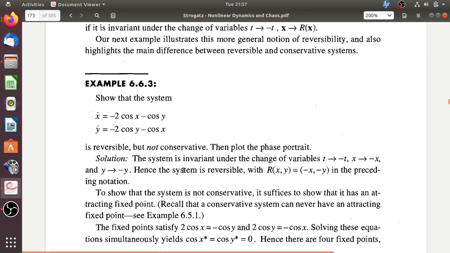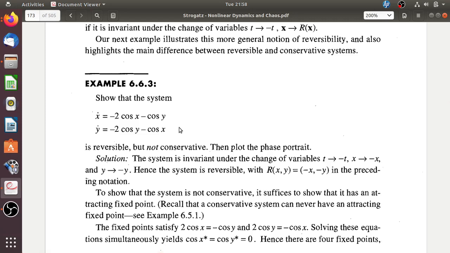We are going to show that by claiming that the system has a fixed point which is an attractor or a stable node, because a conservative system cannot have a stable node, right? So let's identify the fixed points and see whether we have any stable fixed points. If we do, then it is not a conservative system, okay.